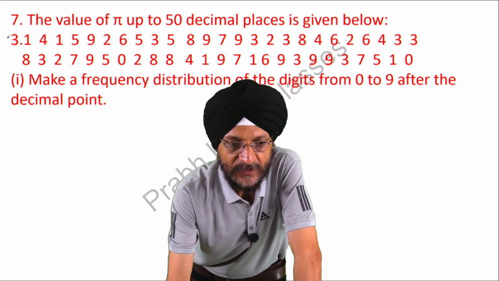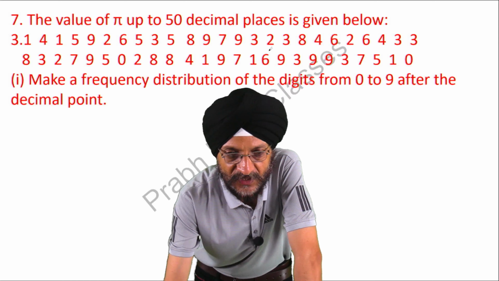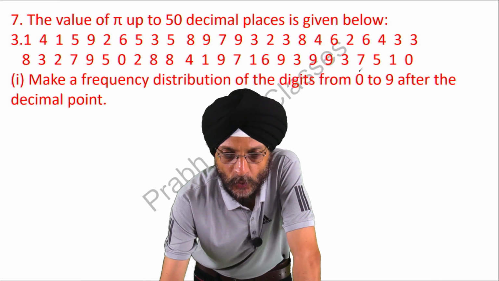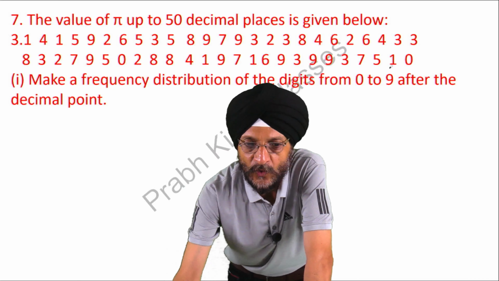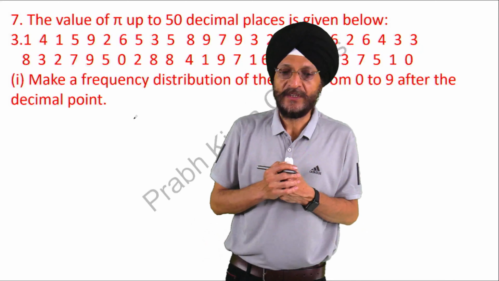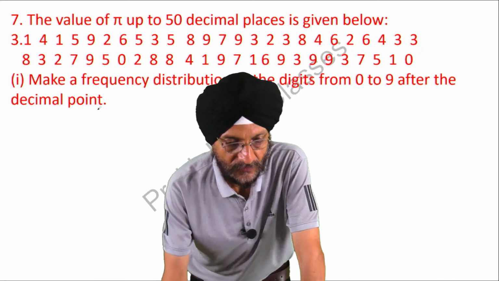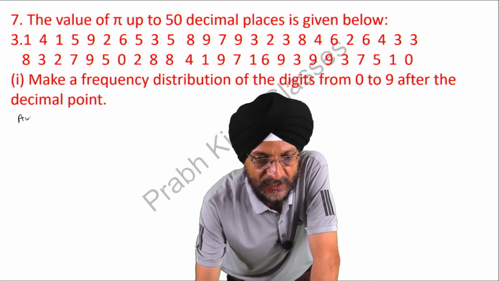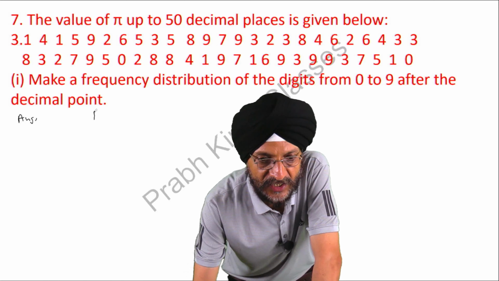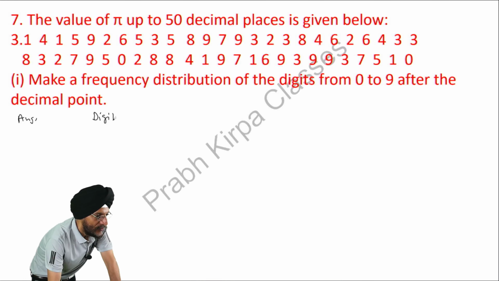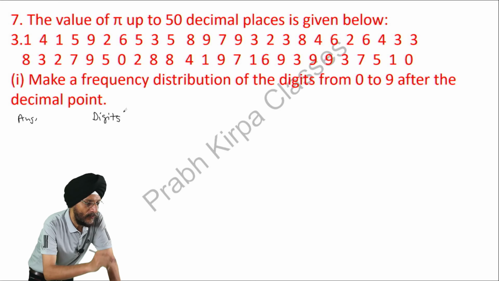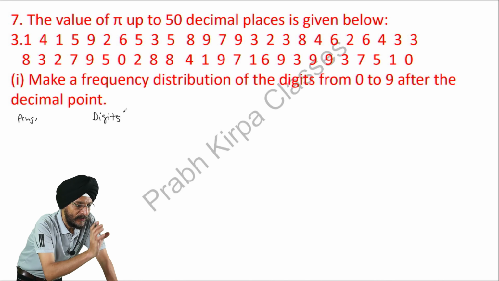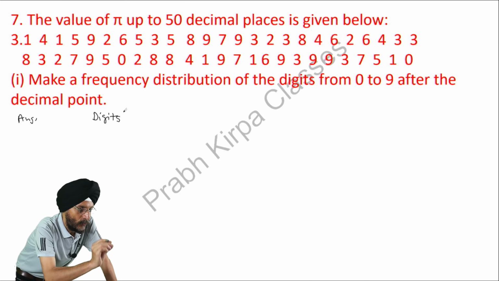So these are the digits which have been given to us, and we are to make the frequency distribution. Now what are we to do? We are to count the same.